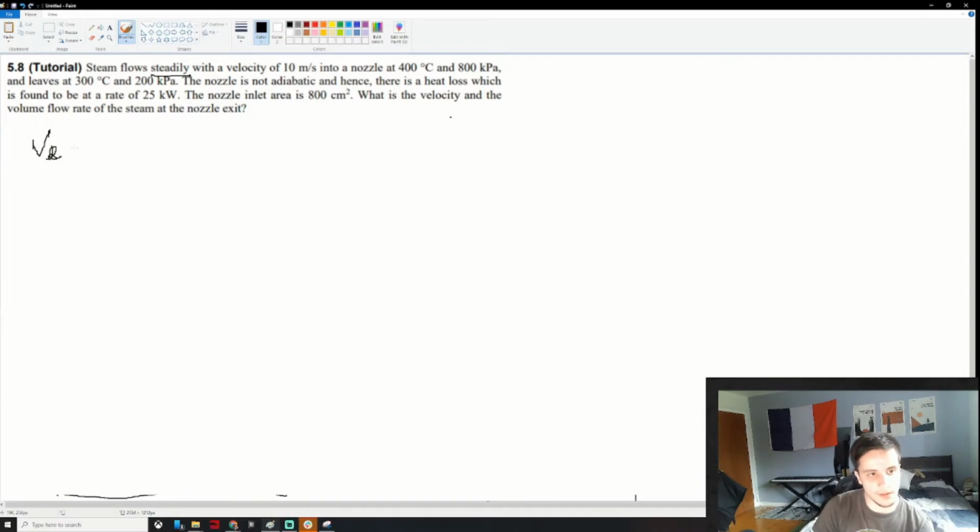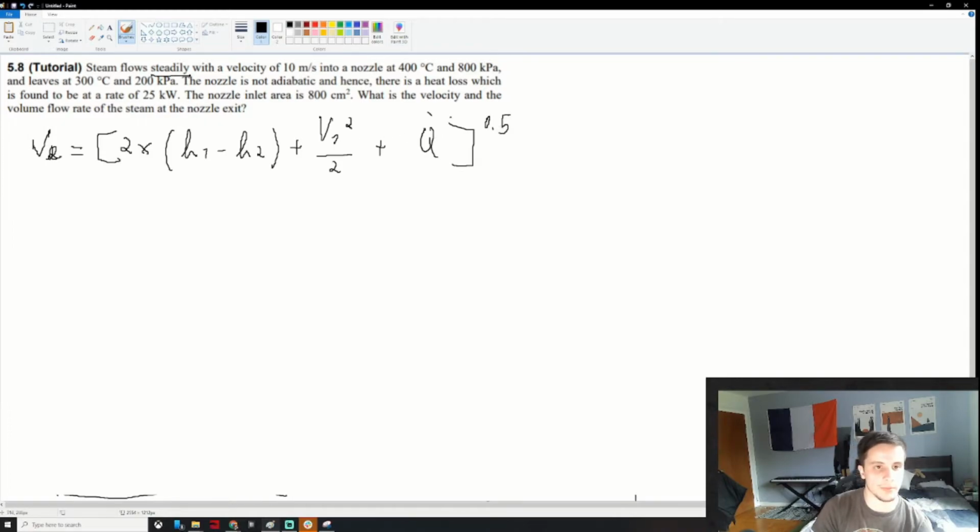It would be 2 times (h1 minus h2 plus v1 squared divided by 2 plus big Q dot), close the brackets and raise that to the power 0.5, or square root of everything. And that would be how to find your VE.